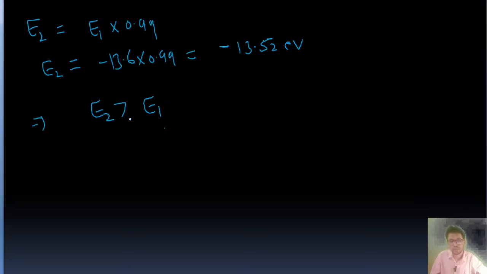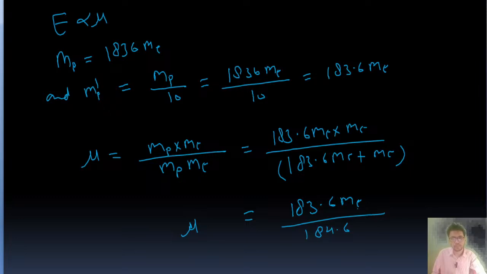You can see E2 is greater than E1, so it should be greater. So the ground state energy will be more, guys. So more is the correct option.